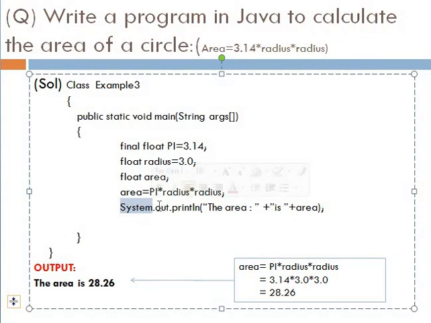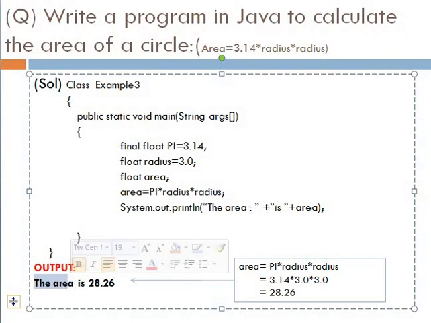With the help of this object out, it is calling the method println, and after it calls println, it displays the text "the area", which is within double quotes. So this text gets displayed exactly as it is in the output.